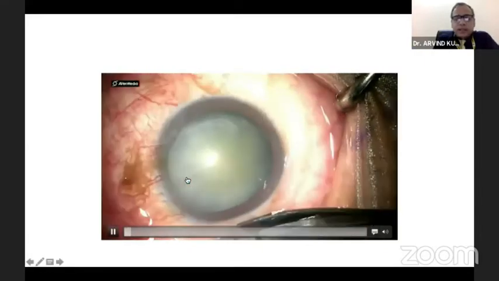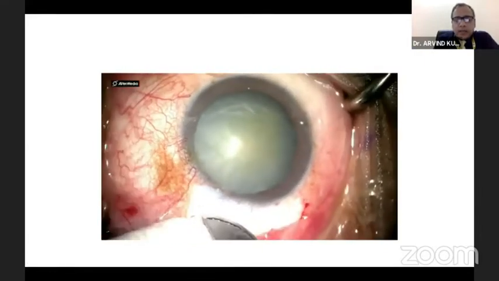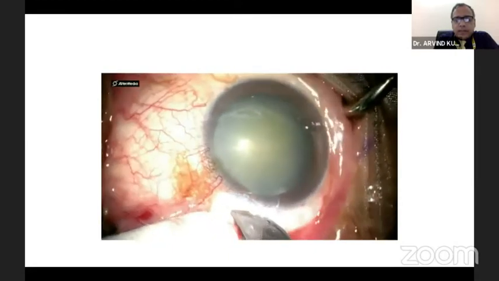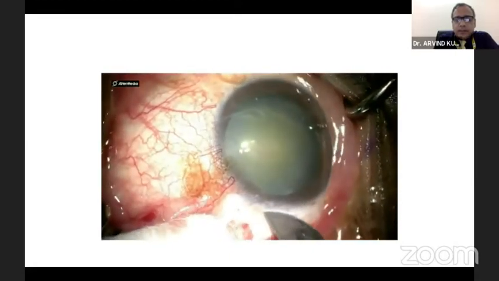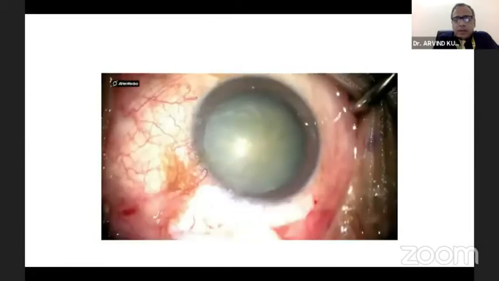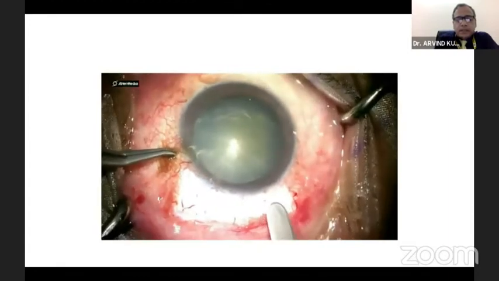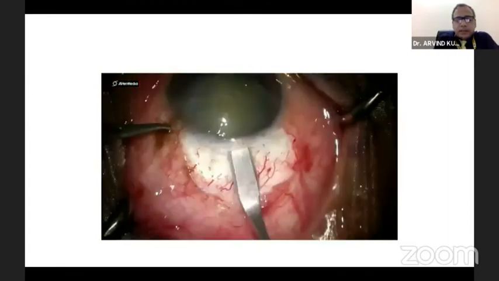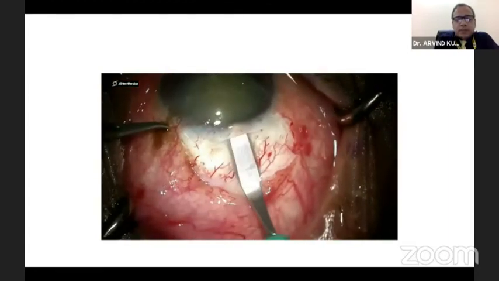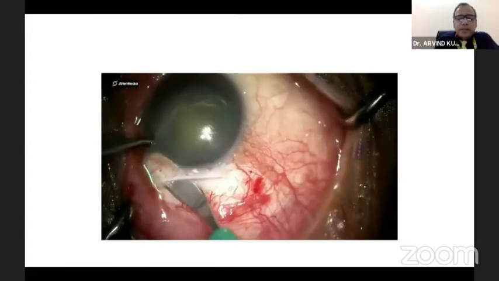You can see a fully dilated pupil, and I gave a 6 millimeter incision around 1.75 to 2 millimeter away from the limbus. Then the sclerocorneal tunnel was formed with the side pocket. As you can see, the nucleus is quite big.